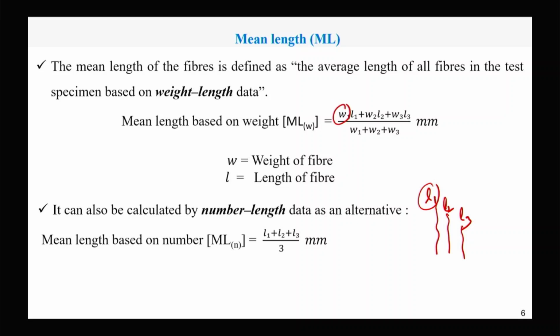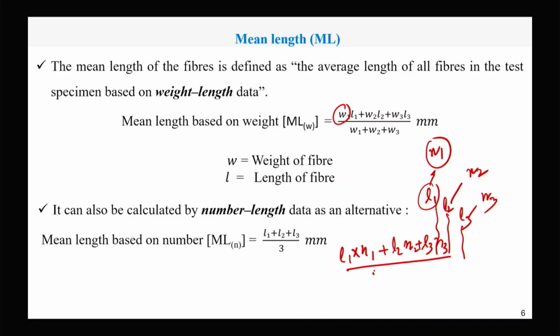Now here for L1 length class, suppose the number of fibers are N1. For L2 length class, number of fibers are N2, N3. So here the relationship will be L1, N1. So total length of L1 class, L2, N2 and L3, N3 divided by N1 plus N2 plus N3.